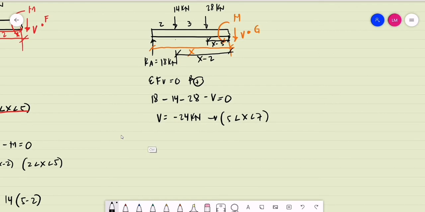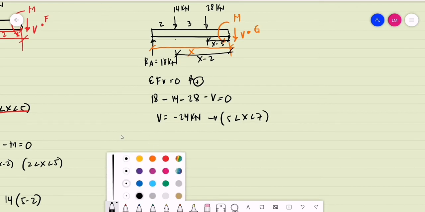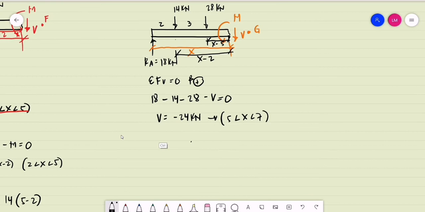So we are doing the summation of moments about the cut section point G equal to 0, assuming clockwise moments to be positive. So we'll be having 18 times x, minus 14 multiplied by x minus 2, minus 28 multiplied by x minus 5, and then the internal moment M, which is counterclockwise, is equal to 0.